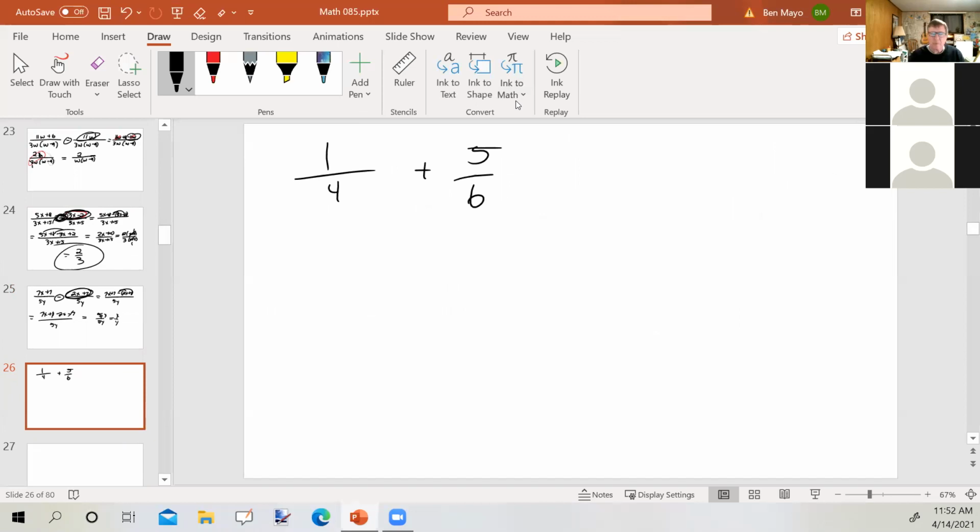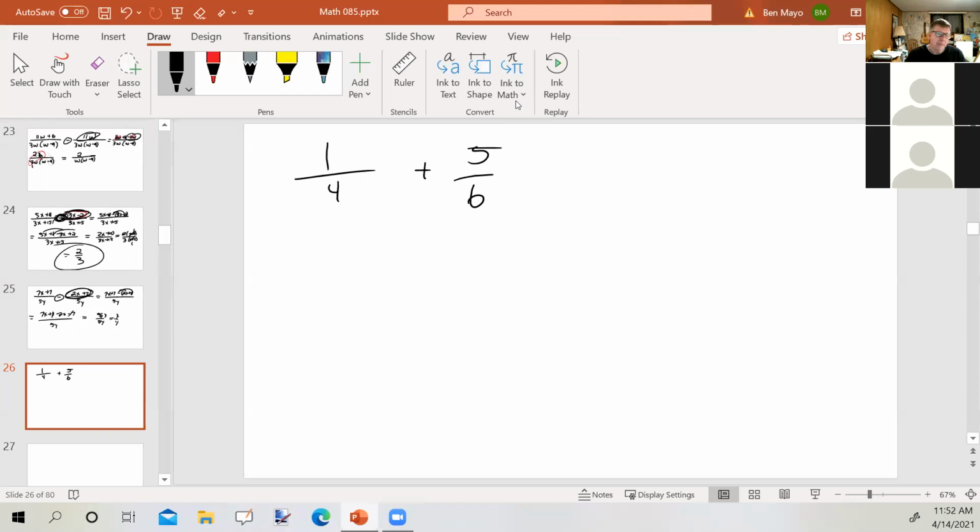To add these two fractions, I need a common denominator, and I want to find the least common denominator. So what is the least common denominator of 4 and 6? Anybody? Is it 12? It's 12.